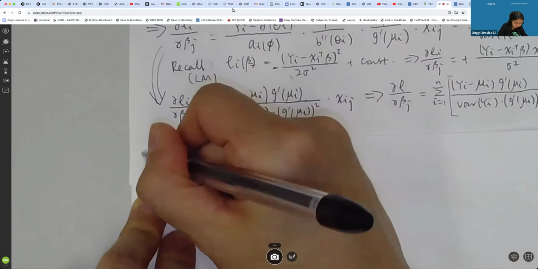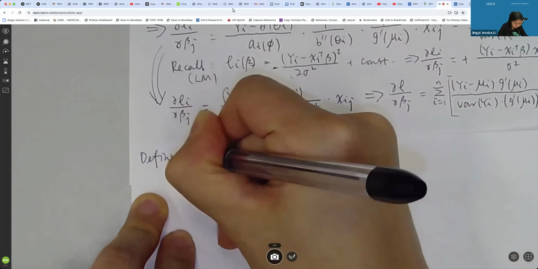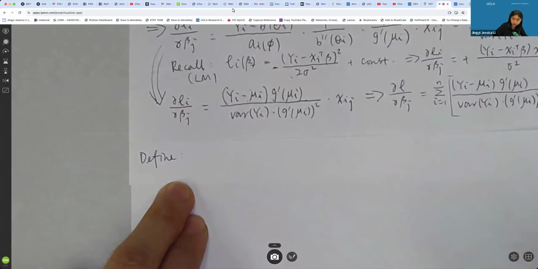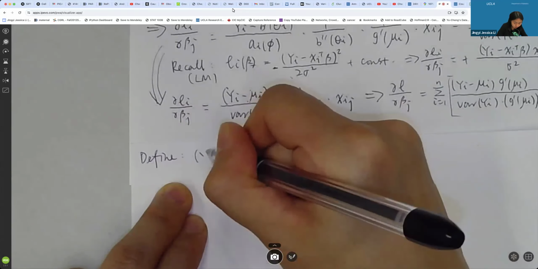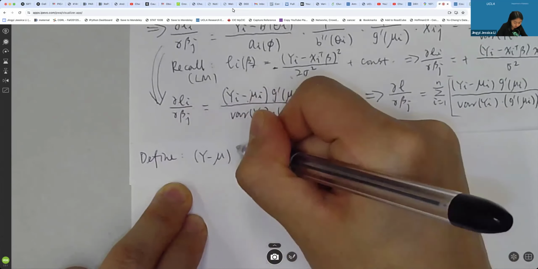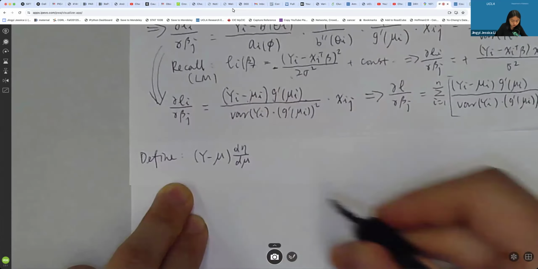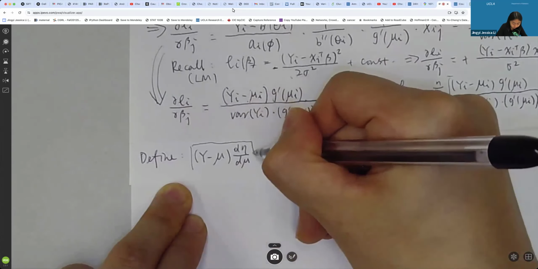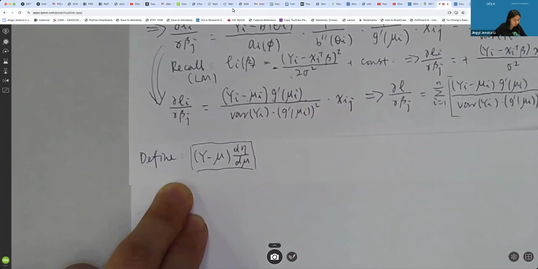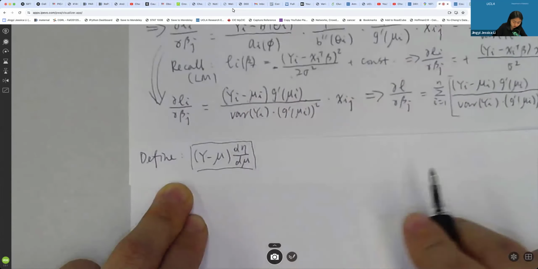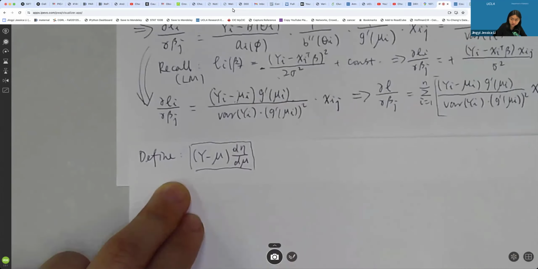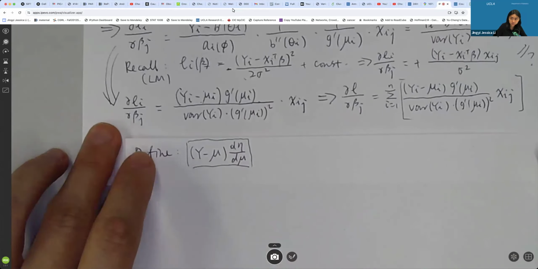First of all, I will define this notation: Y minus mu, d eta d mu. It's just a notation as a whole thing. Don't interpret this as a calculation. This notation is defined just as my numerator.